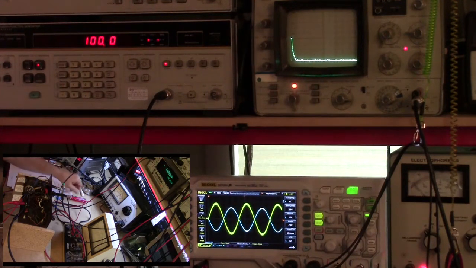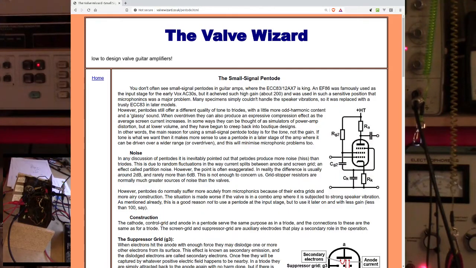Now, if you go over to the Valve Wizard website, there's a whole section about using pentode preamp tubes, and the Valve Wizard advocates that there's a lot more flexibility and tonal characteristics with pentodes because you do get to control the screen voltage.